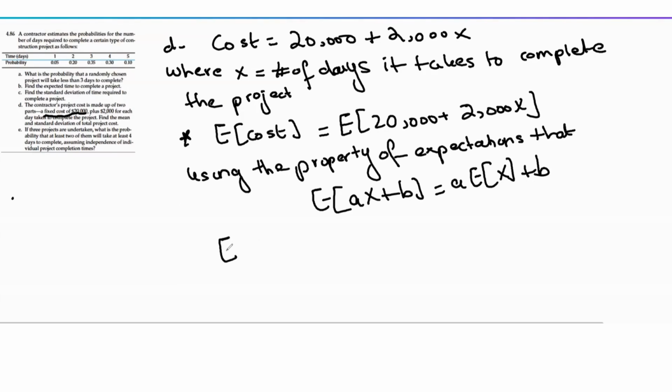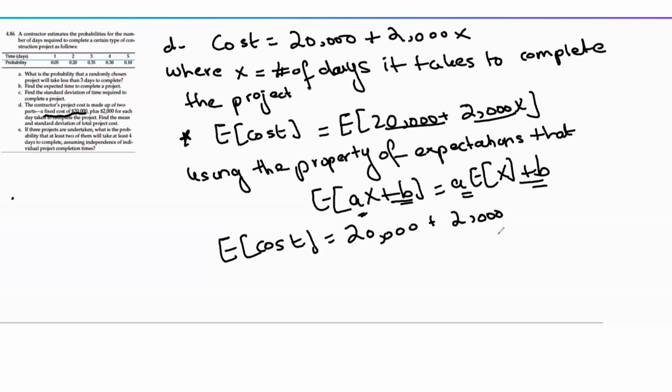If we apply this property here, this would be the expected value of cost. We can write this 20,000 as is, because it will become the expected value of 20,000 plus the expected value of 2,000x. And we know the expectation of a constant is the constant, like the b that comes here. So this 20,000 is treated in the same way. Plus, we know constants can come outside expectation, so it's 2,000, just like this a came out over here, times the expected value of x.